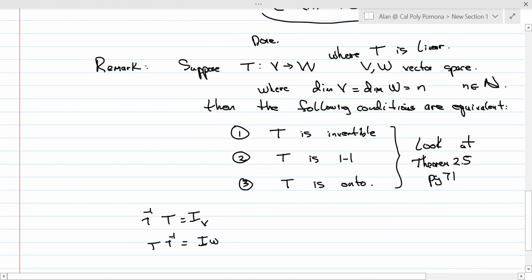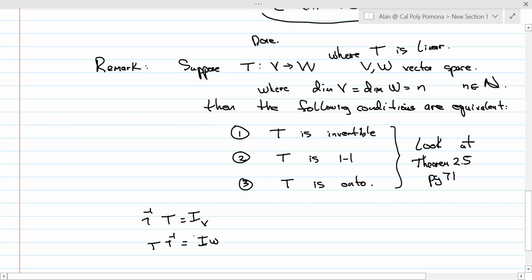So we defined T inverse to be a transformation that makes these true. The theorem we just proved is that T inverse itself is linear as well. So the inverse of a linear transformation when it exists is linear.